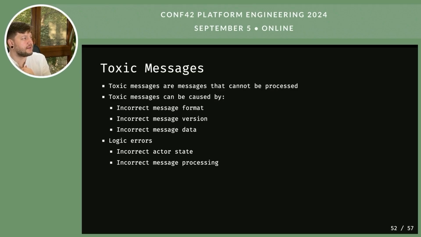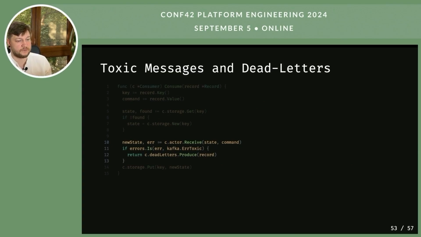You can implement a counter in some system just to count how many times your external service failed, and right after that, you can mark your message as toxic. So if you cannot process it 10 times in 10 seconds, that means it should be toxic, or division by 0, or incorrect status for your state, or anything else actually. So toxic messages are messages that you should ignore, but you should handle somehow.